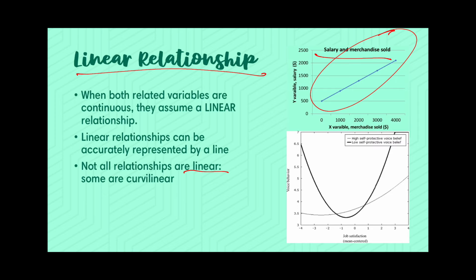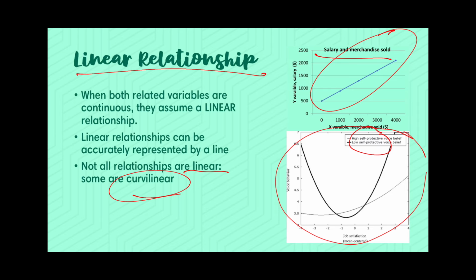But there are also other relationships which are curvilinear, meaning they're like this. It can start when the variable is low. So when x is low, y is high, and then at a certain point it dips to its lowest in the middle of x, and then eventually it picks up again. An example would be these variables: protective voice belief.